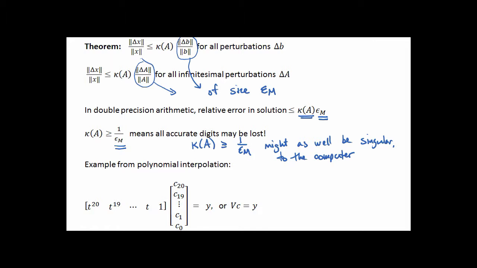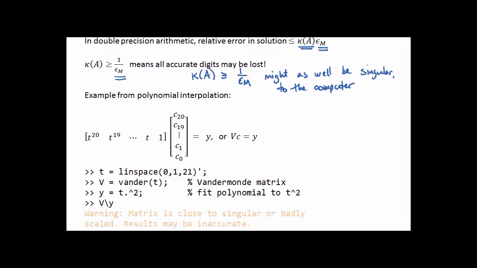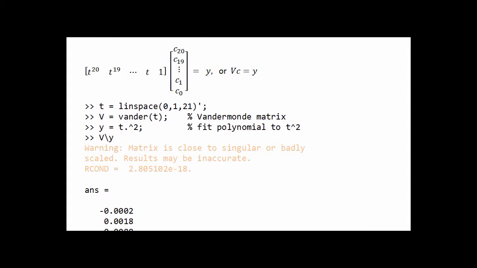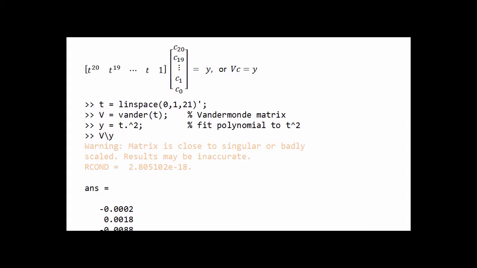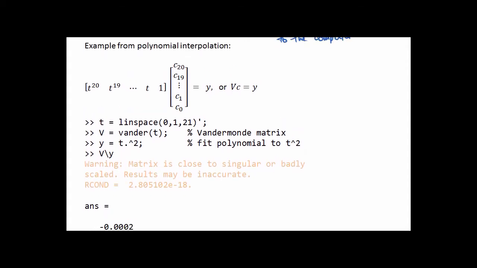Even if your condition number is less than that, if your condition number is 10 to the 6th, then you would expect to lose 6 digits in your answer as compared to the input. So for example, going back to polynomial interpolation, if we form a Vandermonde system to find the coefficients of the polynomial interpolant, let's say we have 21 points in T. That's defined here.